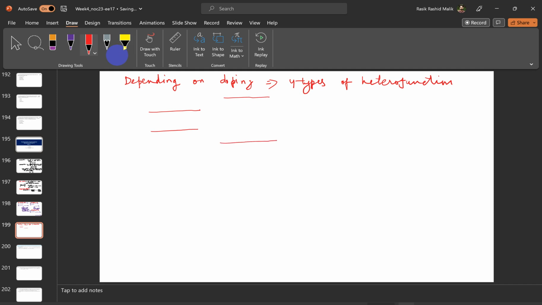So if one is n type and another is p type, okay, say this is n type and this is p type, or the reverse, say the n type is the narrow band gap material and the wider band gap material is p type, that I have shown here, and it can be reversed as well, like p type the narrower band gap material and n type the wider band gap material.